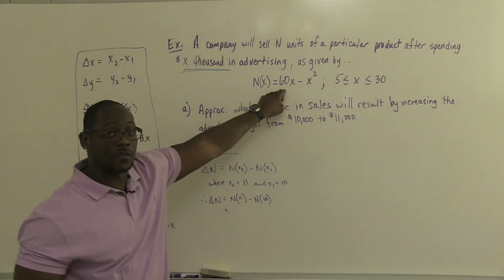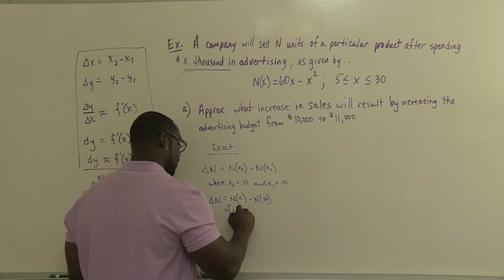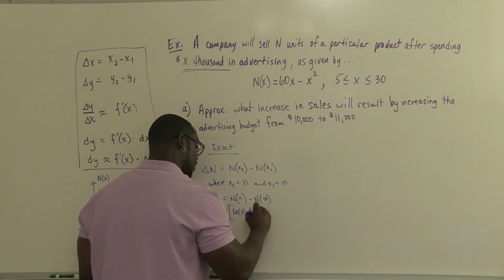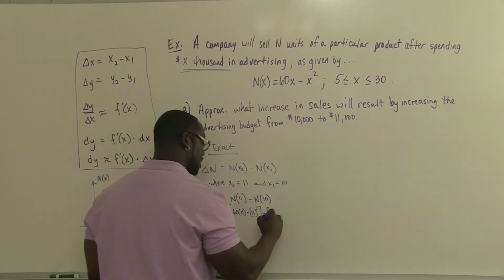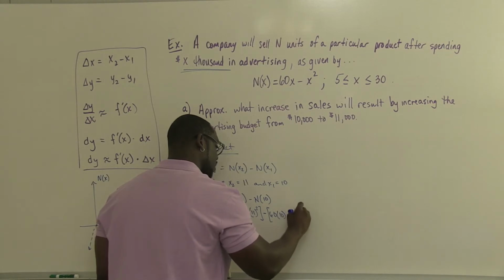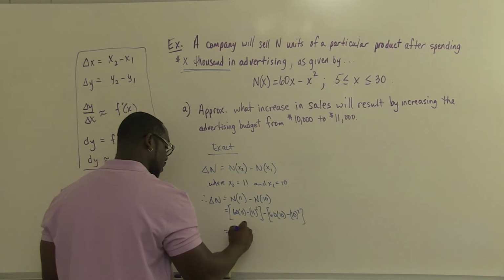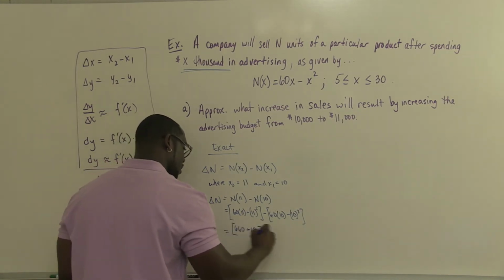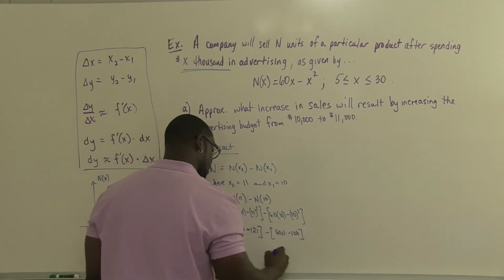And of course, this is our function, so if we plug in 11, we have 60 times 11 minus 11 squared, minus 60 times 10 minus 10 squared. So we come here, 660 minus 121, and this is 600 minus 100.